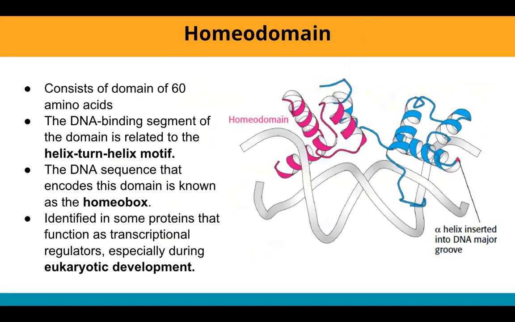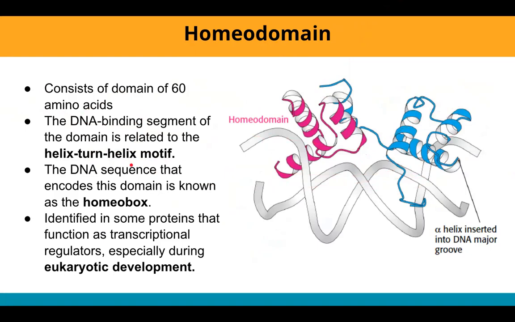Next we have the homeodomain. A homeodomain consists of a domain of 60 amino acids. The DNA binding segment of the domain is related to the helix-turn-helix motif, so it has a similar, but not equivalent, structure.